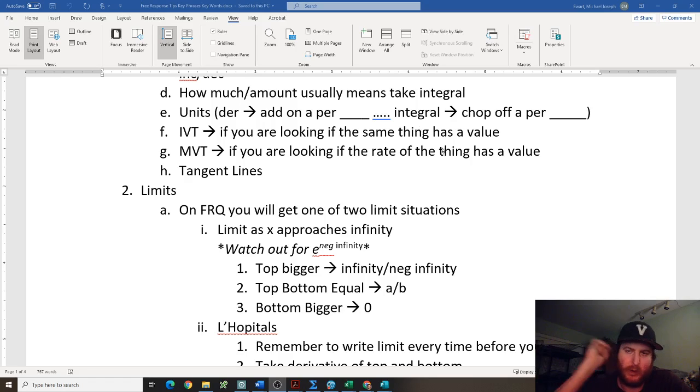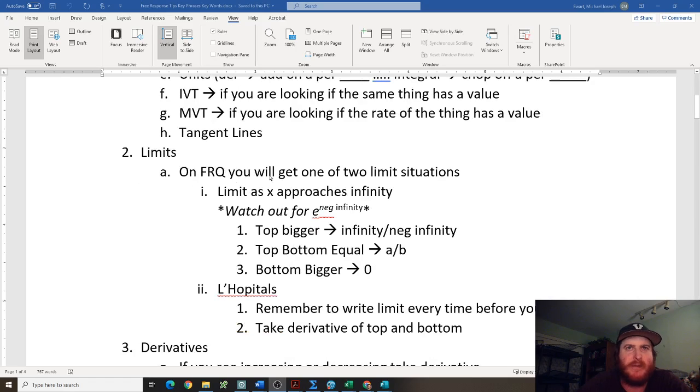So if you have f of x and you want to know if f of x ever equals 0, and you have a negative f of x and a positive f of x, and they ask if f of x has a 0, then use IVT, right? Whereas MVT is if you have f of x, but you want to know if the derivative is ever 0, then you're using MVT. You need to know tangent lines, the whole x1, y1, and m stuff.